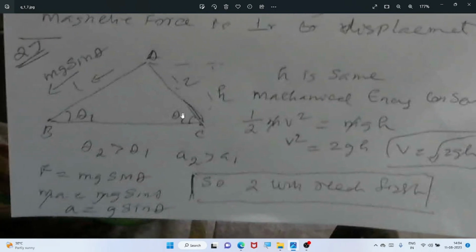But here theta is more than this theta, so the acceleration will be more, because the force is mg sine theta. So this one will reach earlier than this.